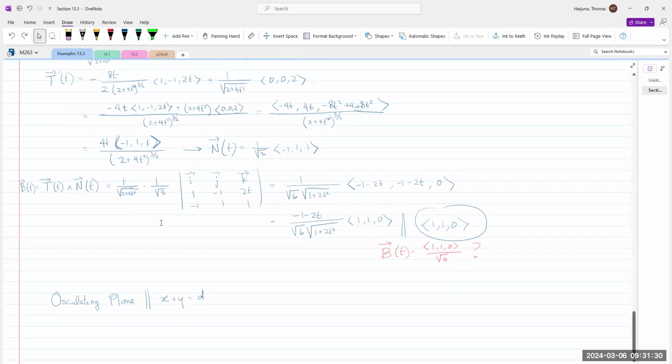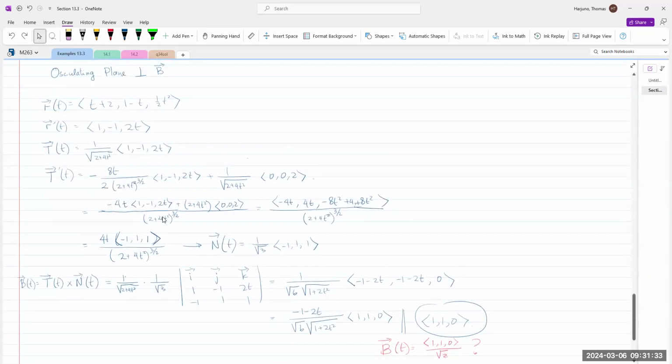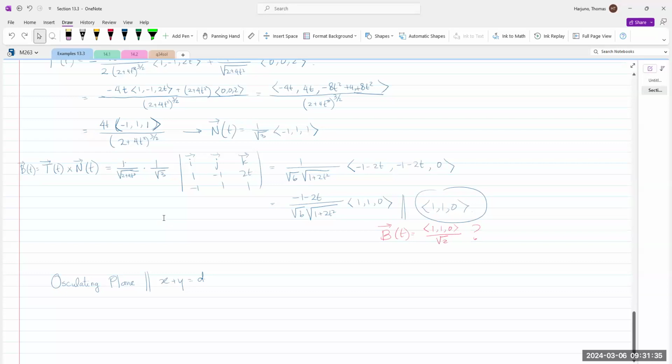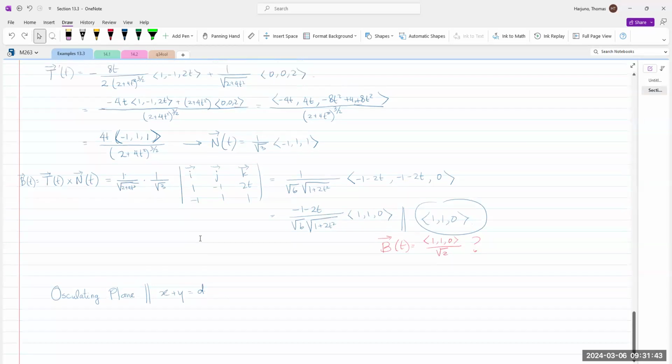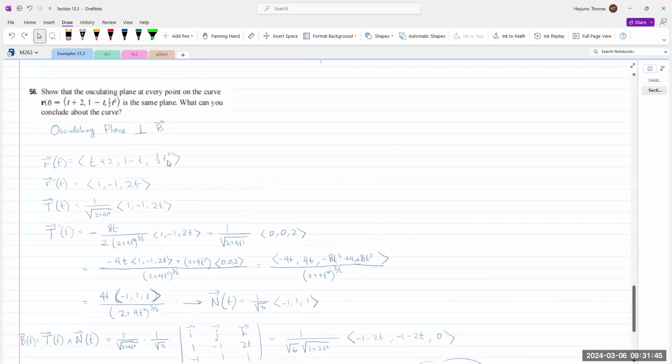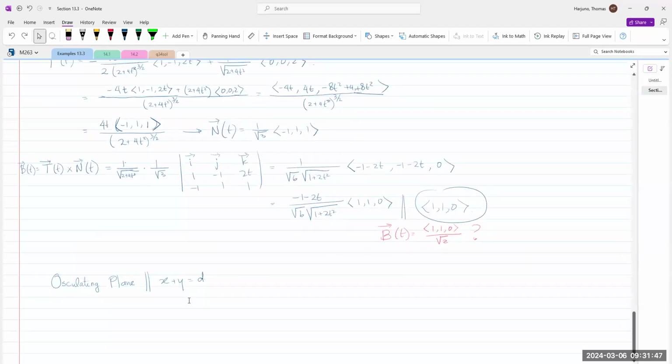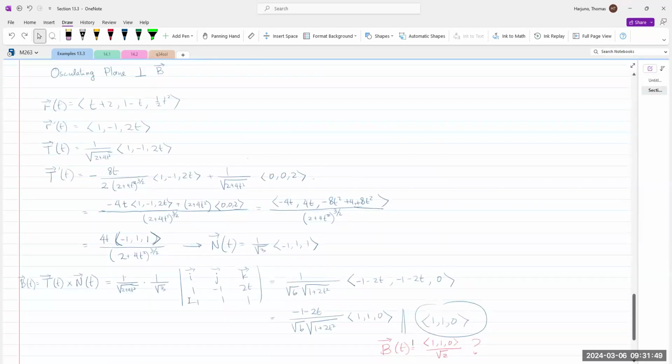What I will do is plug in the r(t) to show that the osculating plane must be normal to this binormal vector. What I want to show is if I plug in this r(t) into this plane, I will get a constant for every t.